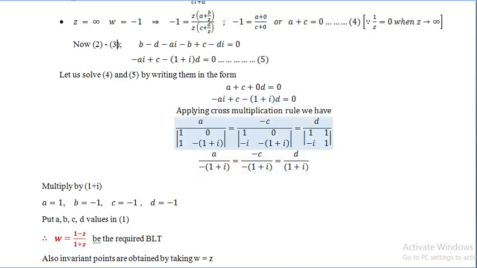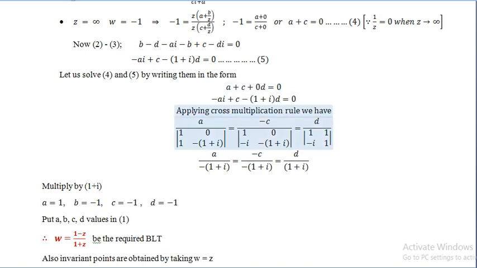So the denominator is the mod of 1 0 and 1 minus of 1 plus i, which is equal to, using the signs plus, minus, plus according to the rule, minus c divided by, now use the coefficient of a and d: 1 0, minus i, minus of 1 plus i.